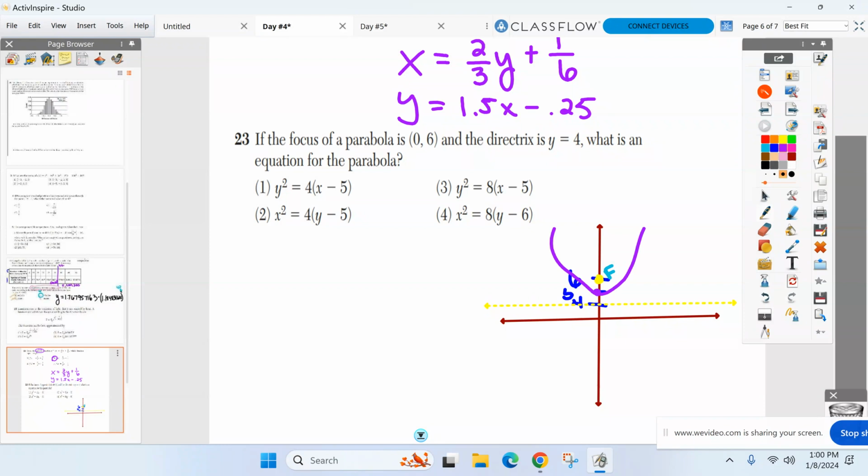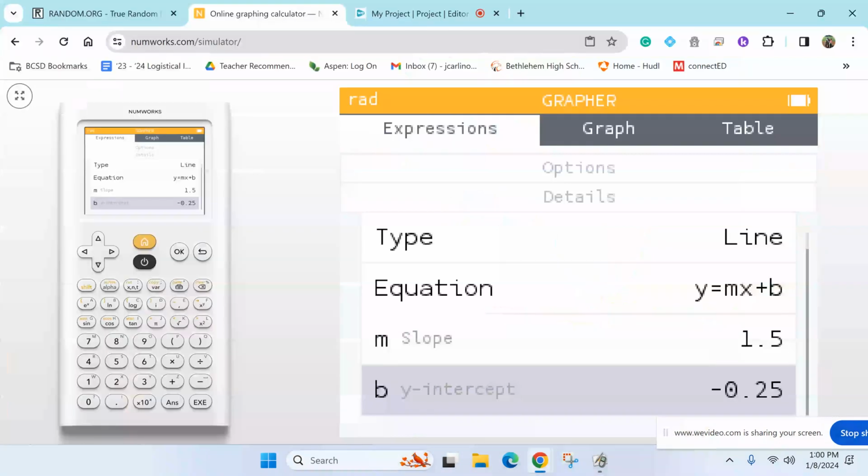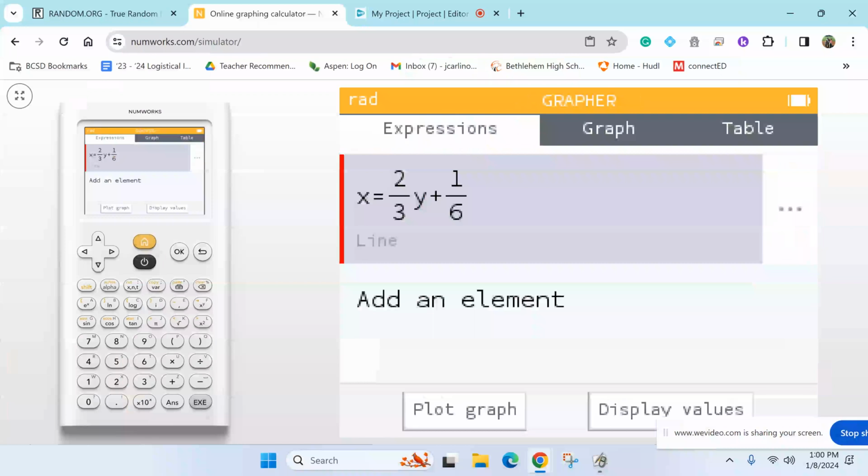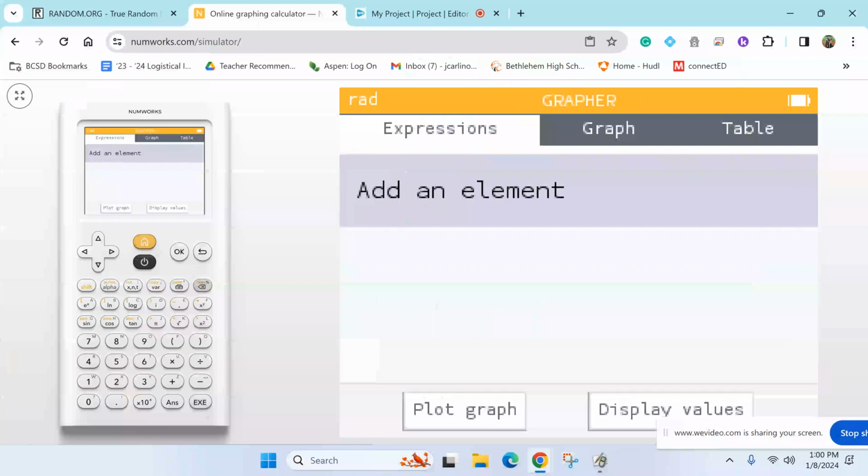What am I going to suggest? Graph them. Only one's going to have a vertex of 0,5. Let's go. Get that one out of there from the last problem. Here we go.